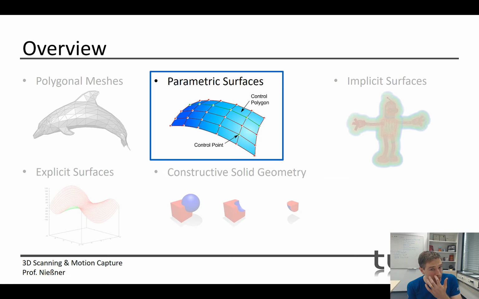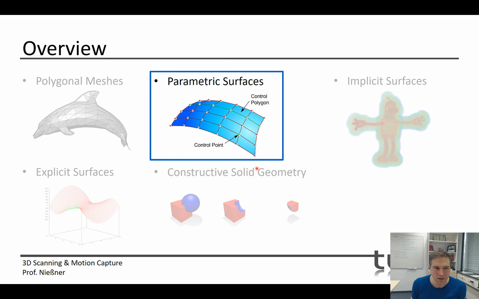Let's go to parametric surfaces. Parametric surfaces is also a terminology that is a superset of many different types of parametric surfaces. The high level idea is that you have a bunch of control points. This is a surface patch, and this surface patch is defined by a control polygon, which is this whole thing here, a control polygonal mesh.